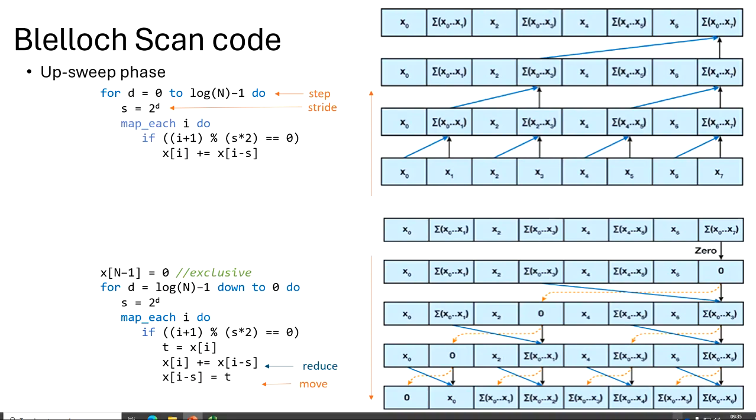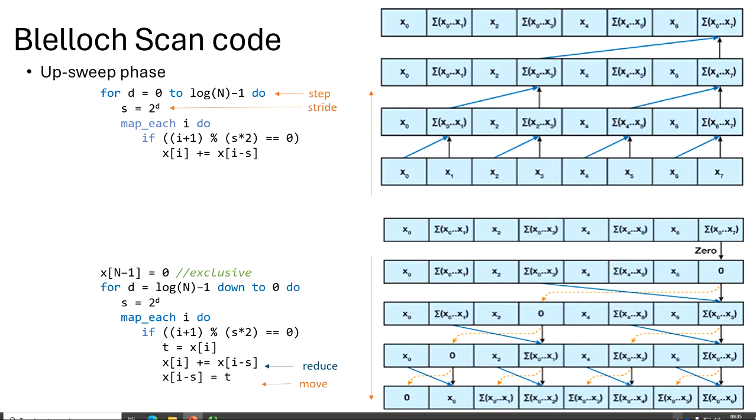A move just means copying information from one location to another. That's the orange arrow shown here. And we're going to do reduces, shown by the blue arrows. And reduce is the same operation we did in the reduce phase, such as addition, but we're applying it in the other direction.